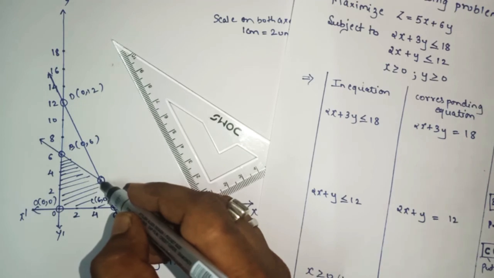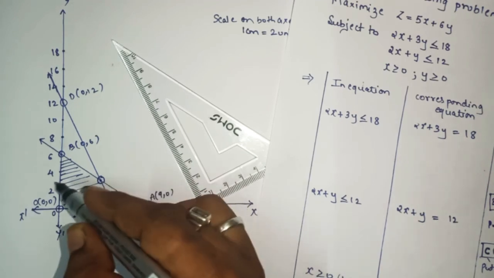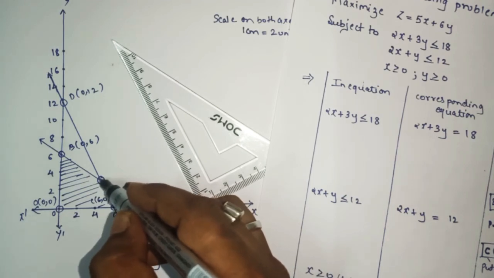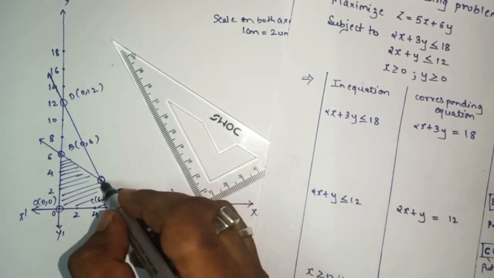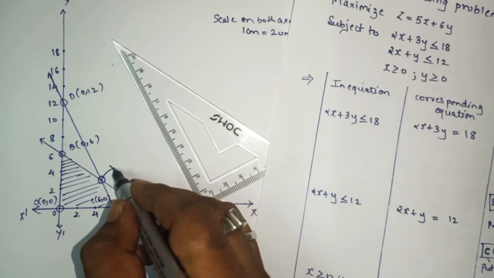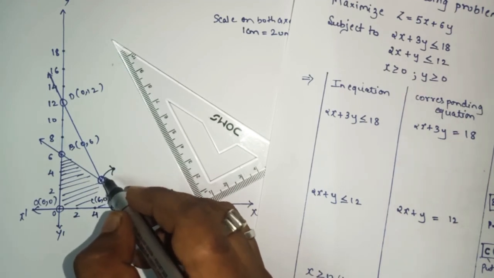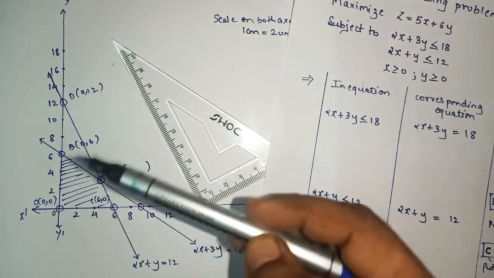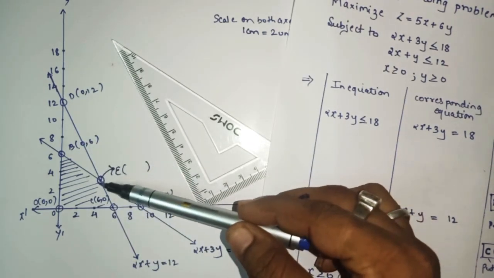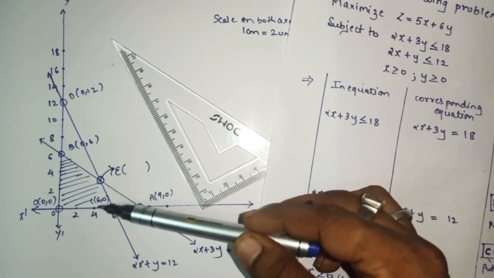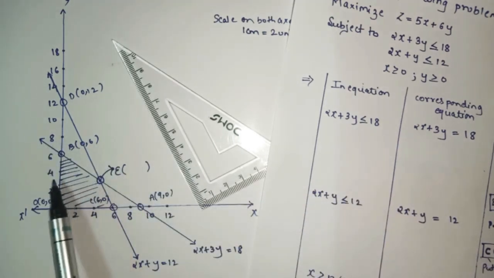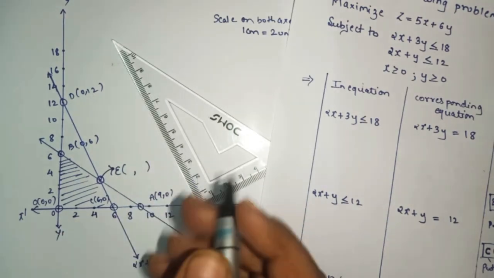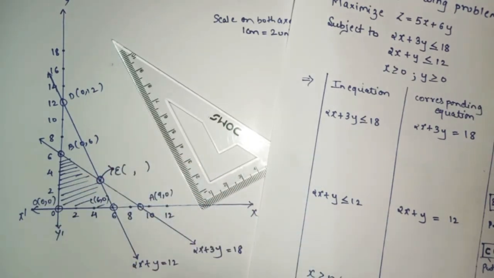Clearly we cannot see the value of x and y. So now, sir, how to find the proper value for this point of intersection? For this, we'll consider this as point E. From here we directly cannot say that the answer is 4.1, 4.2, 4.3, or 3, or 2.7. So how to find the answer?